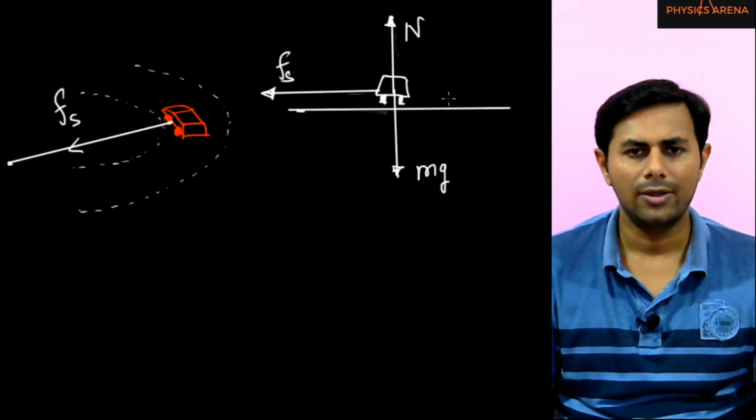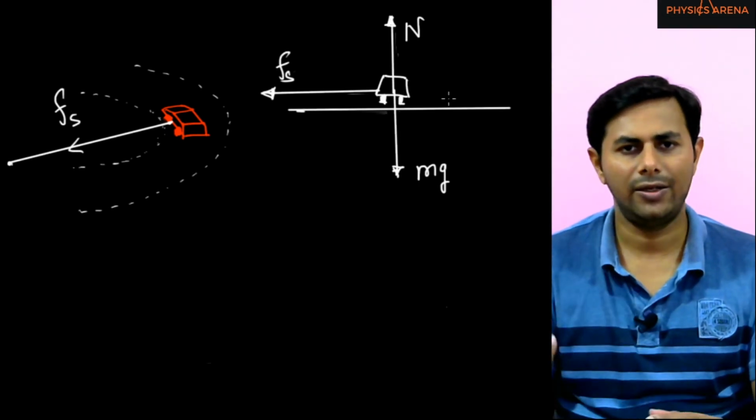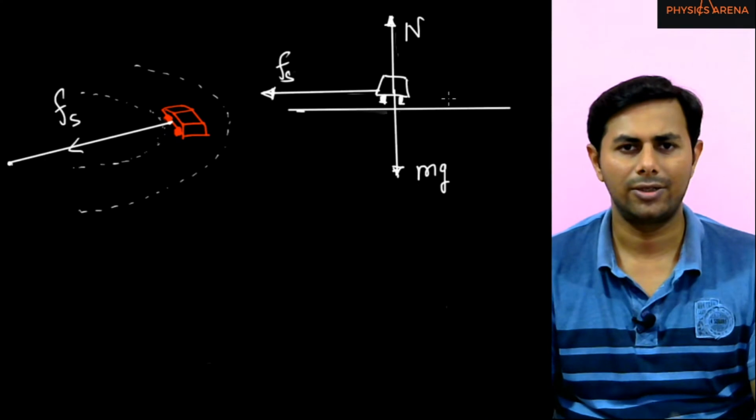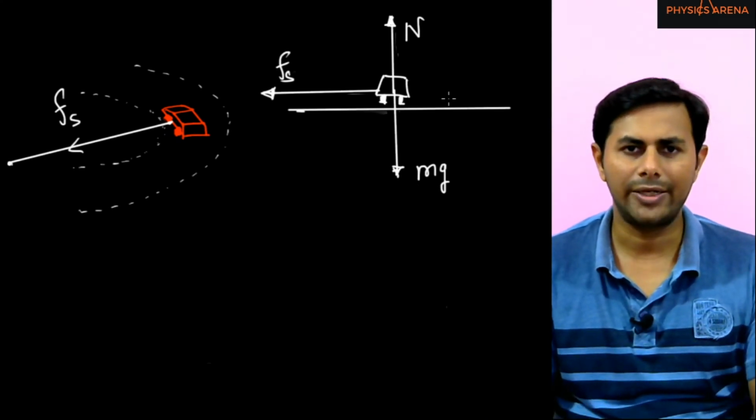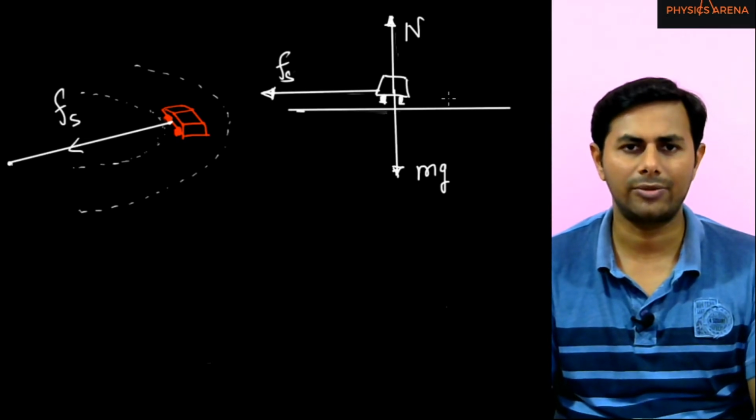Now the car is not flying away in this vertical plane, so we can say that for vertical equilibrium, the normal reaction must balance the gravitational force.